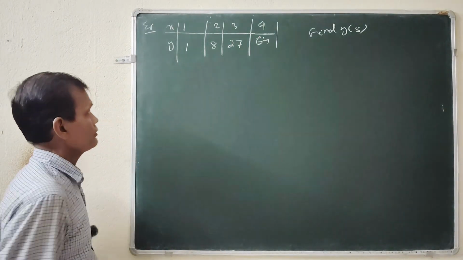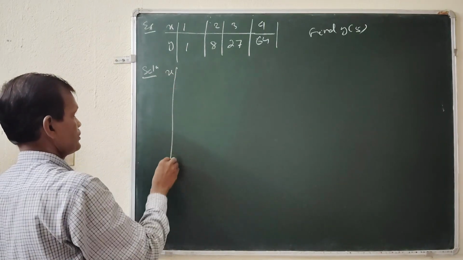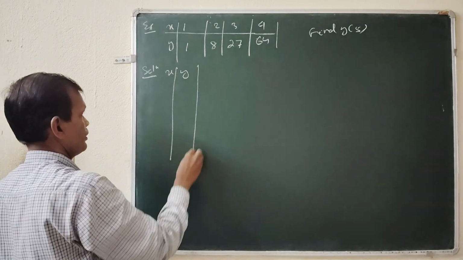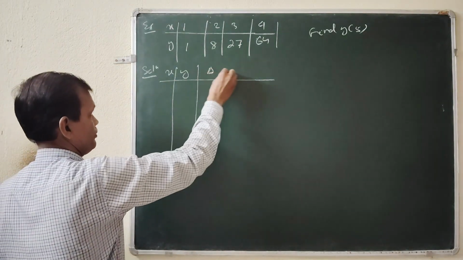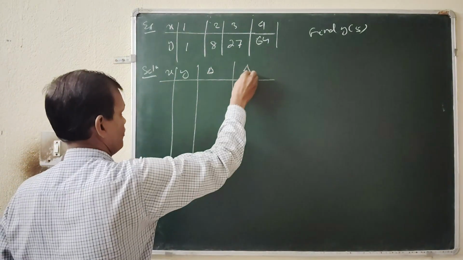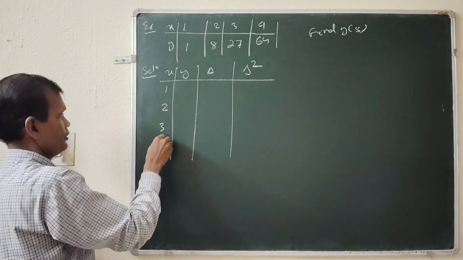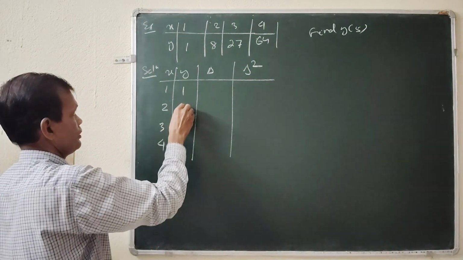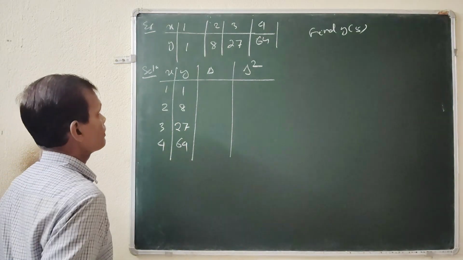You see how we are working. In step 1, you form the table, that is x and y, and we will make the forward difference table. X is 1, 2, 3, 4, y is 1, 8, 27 and 64.